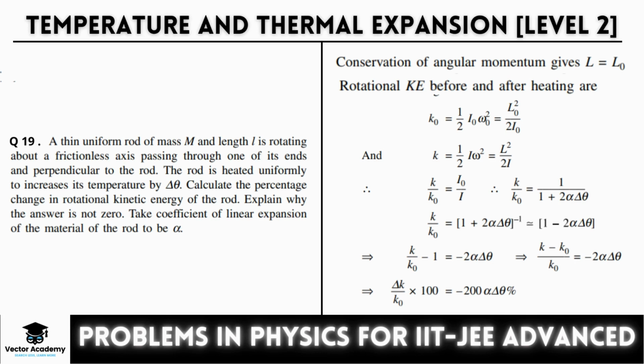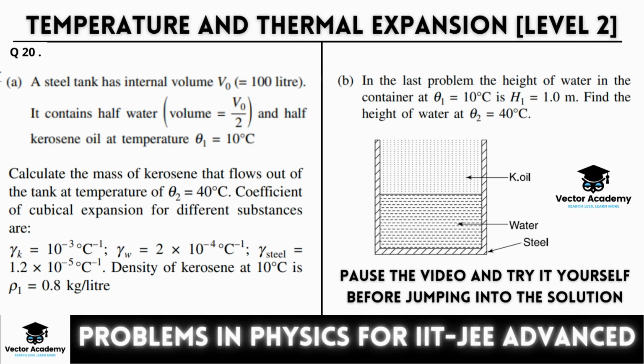Rotational kinetic energy after heating K equals half I omega square equals capital L square divided by 2I. Therefore, K upon K0 equals I0 upon I equals 1 by 1 plus 2 alpha delta theta. On solving, we get the percentage change in rotational kinetic energy of the rod equals minus 200 alpha delta theta percent.